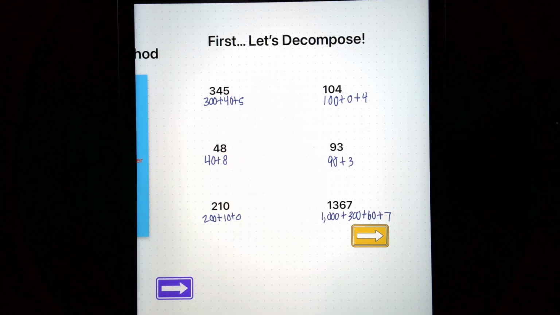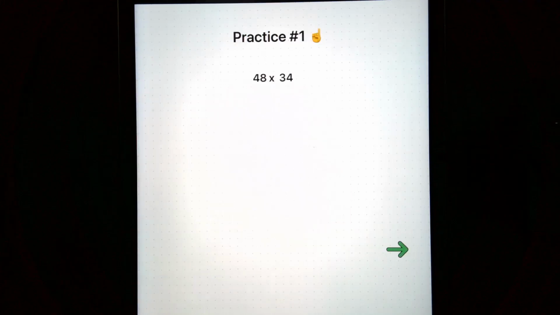Let's look at our first practice question. 48 times 34. First, let's decompose our numbers to determine how many boxes we need.